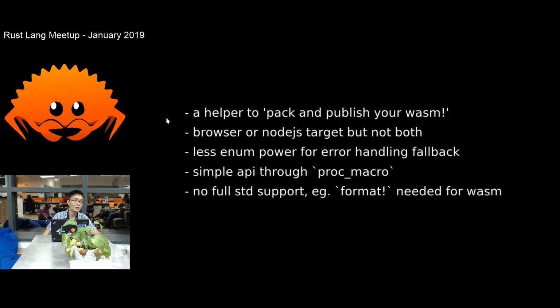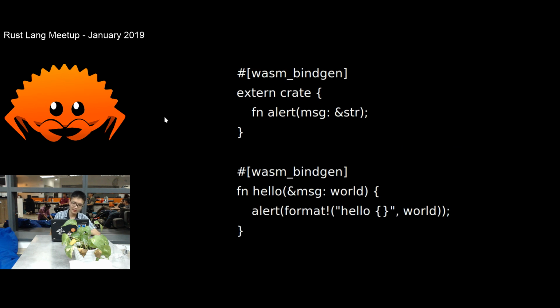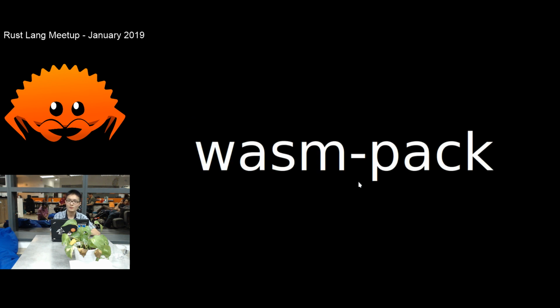And one of the nice things is they have a very simple API through using proc macro. Like just now you see this wasm-bindgen, right? This is a proc macro. In 1.15, proc macro is introduced.